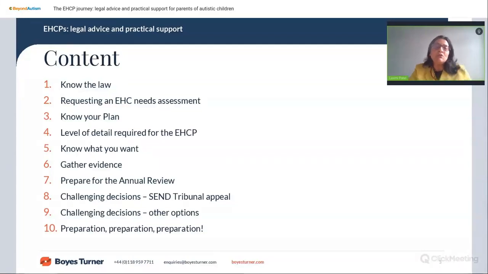Also knowing what you want to achieve. That's really important as well. I find sometimes parents are not too sure about what they actually want to gain from the EHCP. I'll talk briefly about how you can gather evidence, and then preparing for the annual review. If you have an EHCP, it will be reviewed annually in most cases, and what to expect following an annual review.